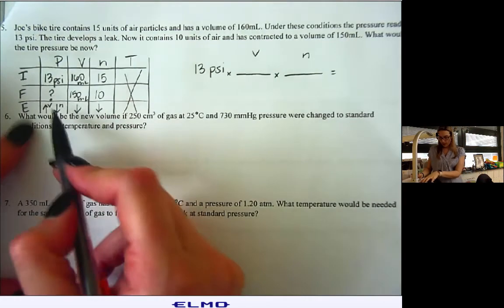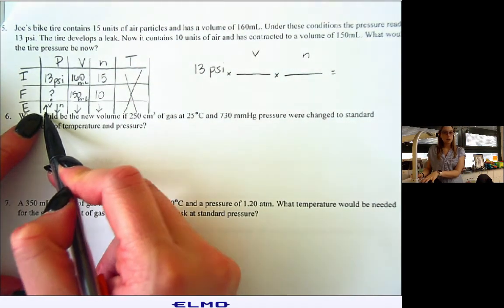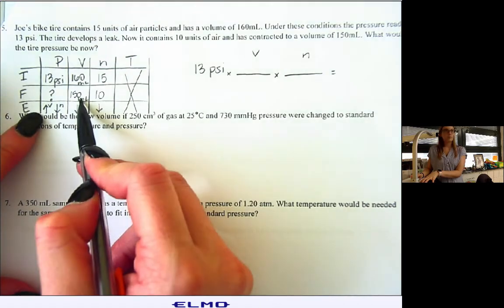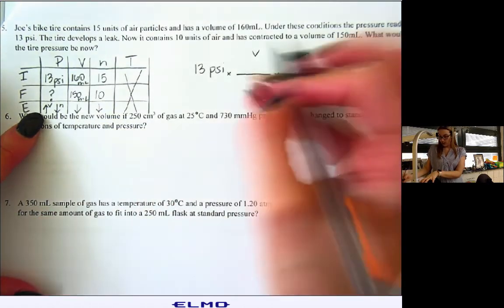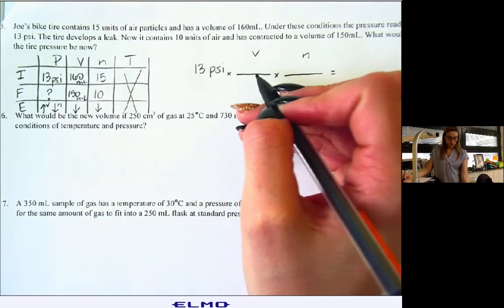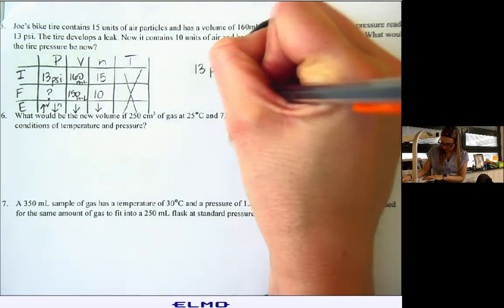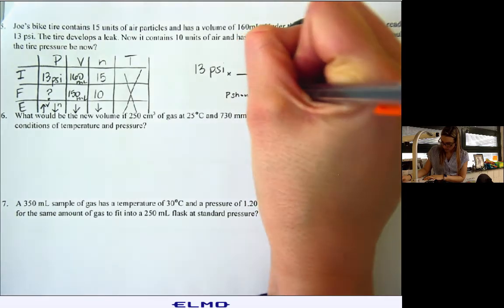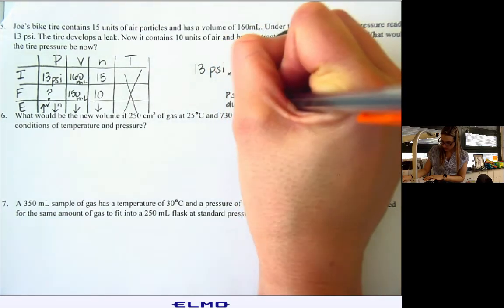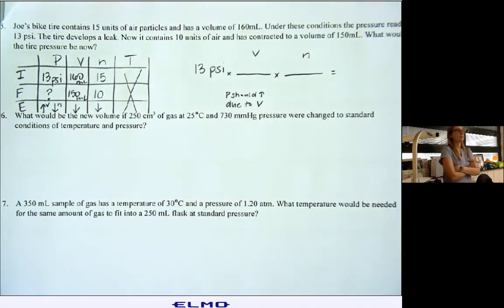We said that pressure should go up due to volume. So if I want pressure to go up due to volume, I'm going to put a little note under here. P should increase due to volume. If pressure should go up due to volume, I need to multiply by a large fraction, right?